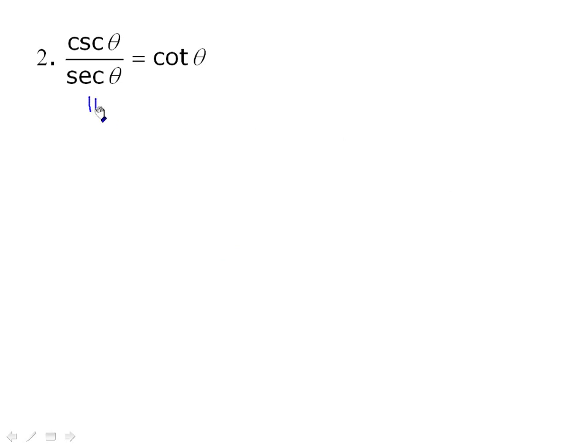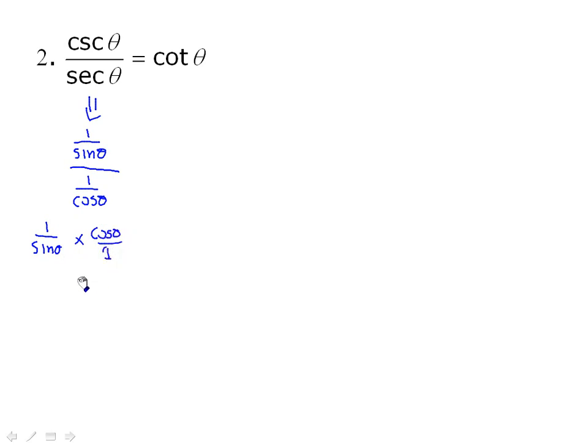And cosecant, that would be the left side, cosecant theta is equal to 1 over sine theta. So I'm not thinking too hard, I'm just replacing. And then secant is 1 over cos. And this is a fairly common setup where you have a complex fraction and you divide it out. You've got 1 over sine theta divided by 1 over cos theta, which is multiplied by cos theta over 1.